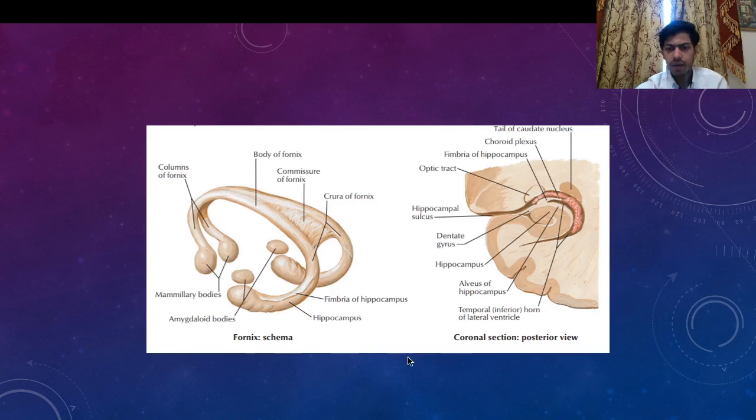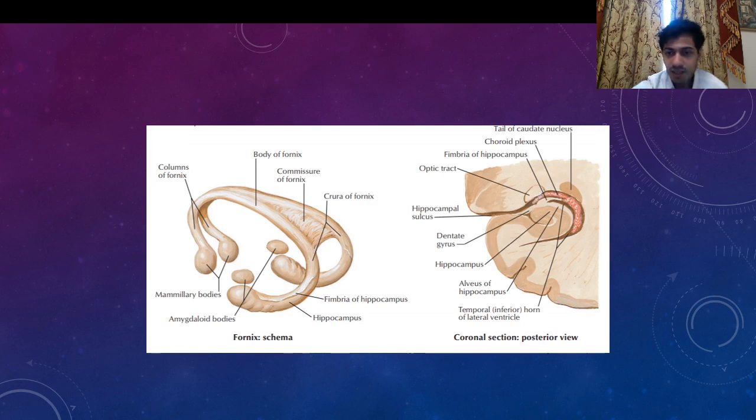And then once again, in terms of coronal view, just so we can relate to it from a different view, this is our dentate gyrus, which, like we said, was one of the constituents of it. This is the fimbriae, which we just mentioned here. So if you can kind of relate to it, this is the optic tract.